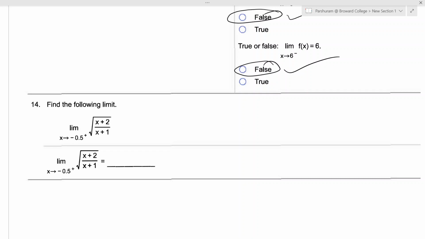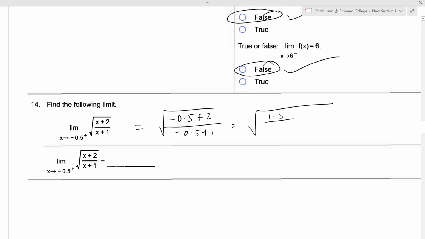If you put x equal to negative 0.5 here, it's negative 0.5 plus 2 over negative 0.5 plus 1, which is the square root of 1.5 over 0.5. This will actually be the square root of 3. So the limit is the square root of 3.